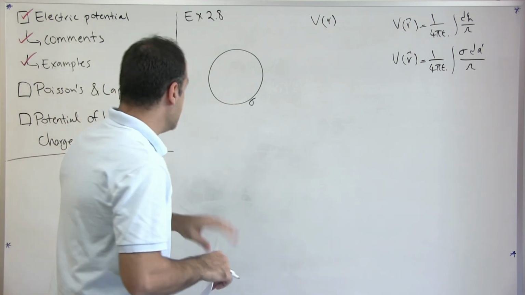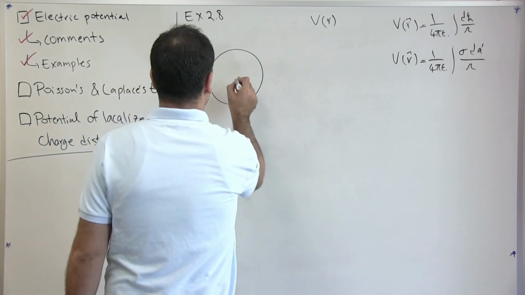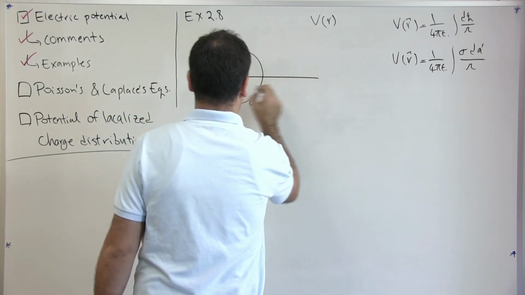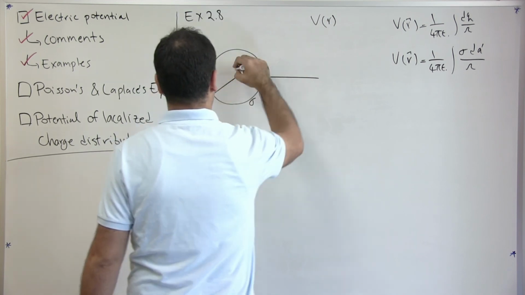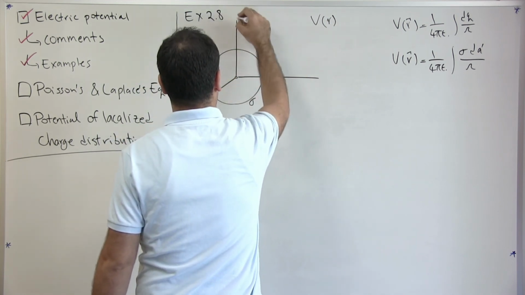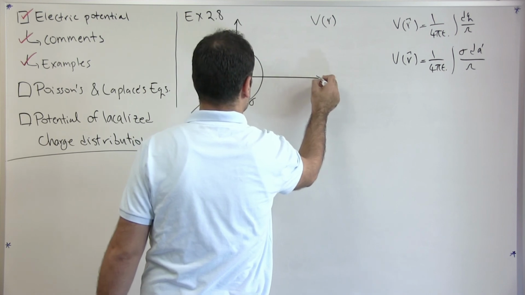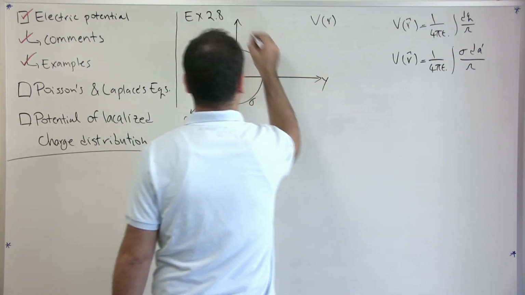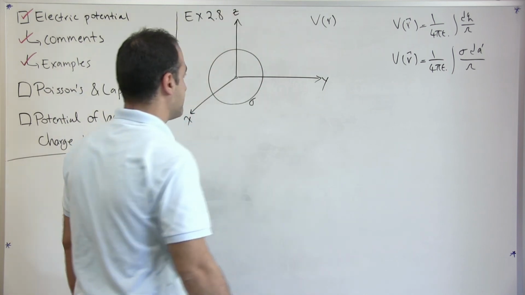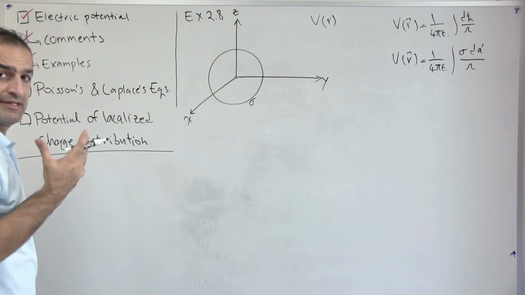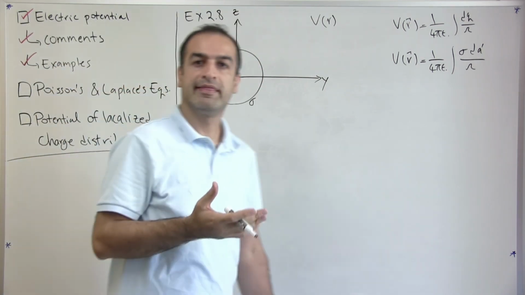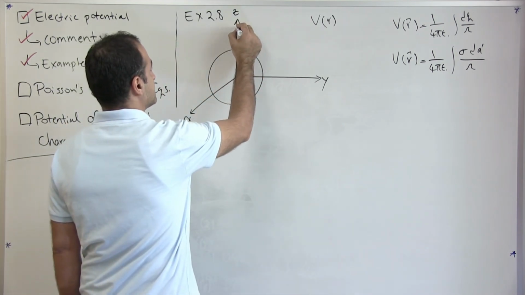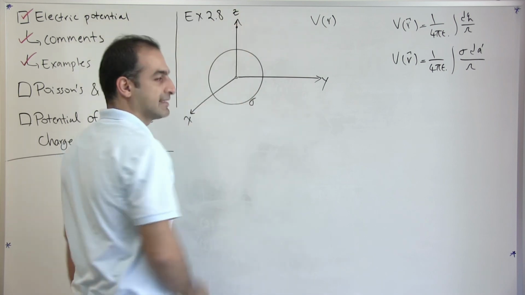Okay, so to continue, let me choose where is the center of this sphere, and also let's draw the Cartesian coordinate axis. This is X, this is Y, this is Z. Because of the symmetry of the problem, without loss of generality, I can choose to calculate electric potential at one point on the Z-axis.